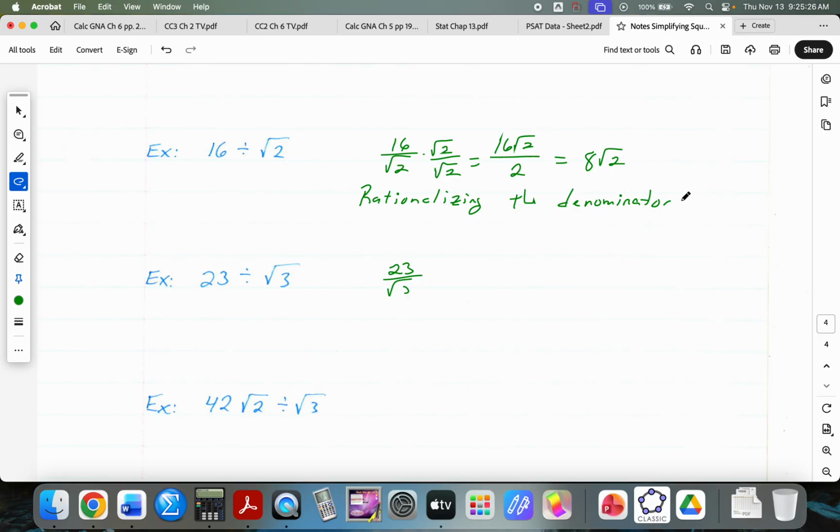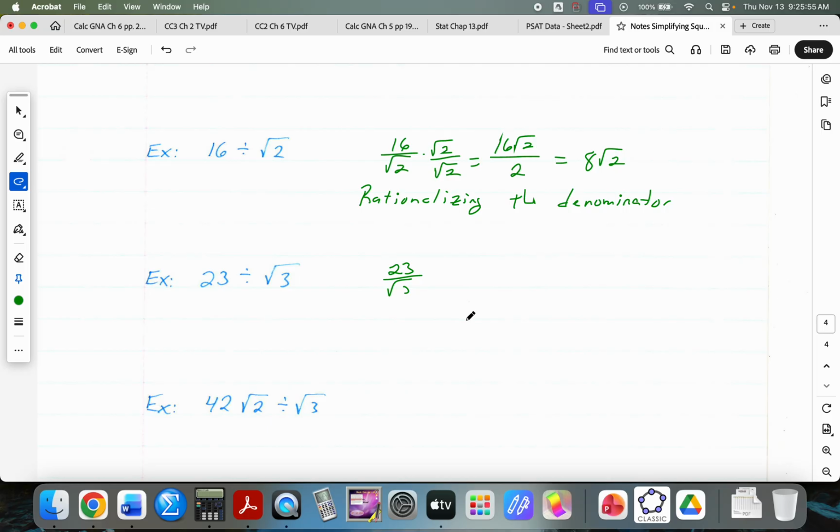Yes. i is the square root of -1. i is the unit imaginary number. It's not a real number, it's an imaginary number.